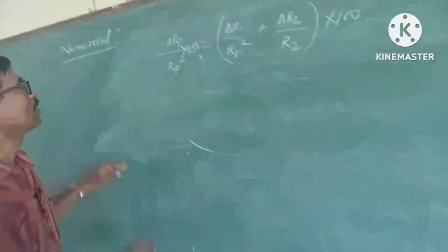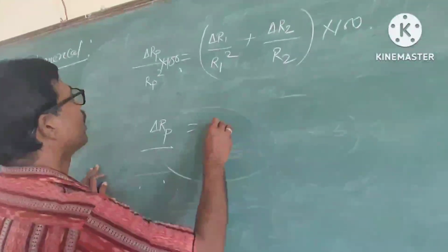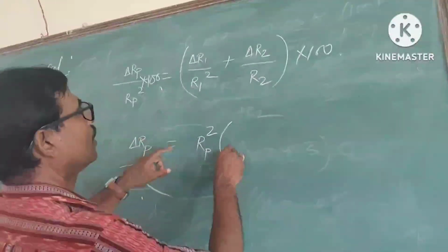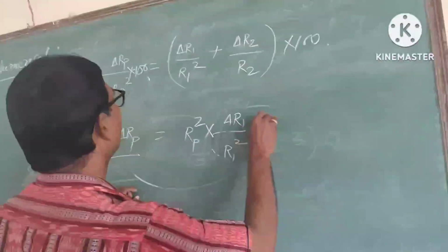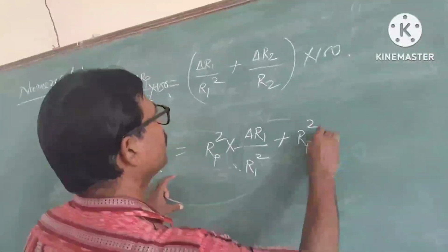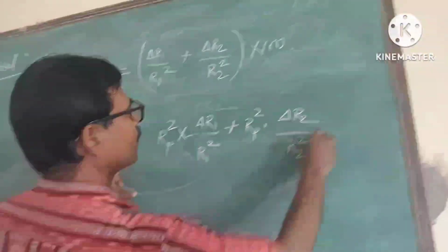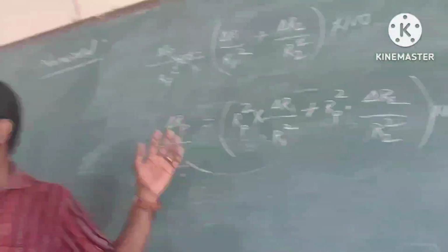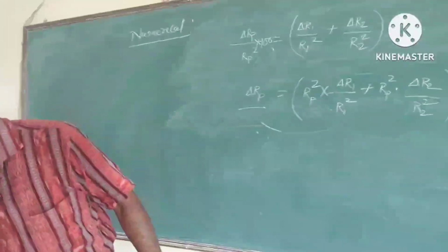Okay, now put the value of delta Rp. You will calculate Rp square into delta R1 by R1 square plus Rp square into delta R2 by R2 square into 100. This is the formula. First you must know the formula, write the formula, then put the values.